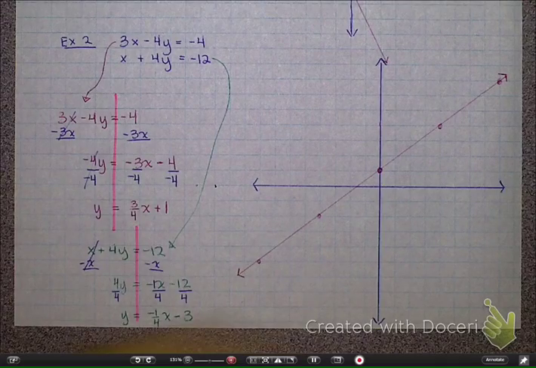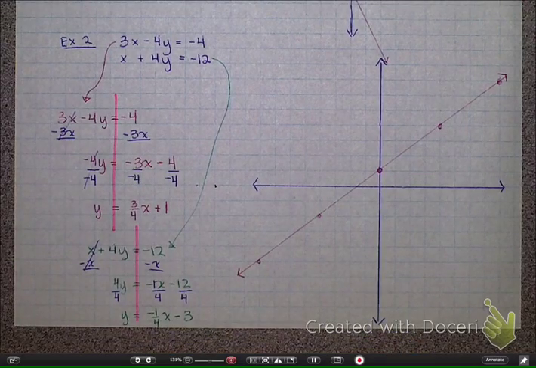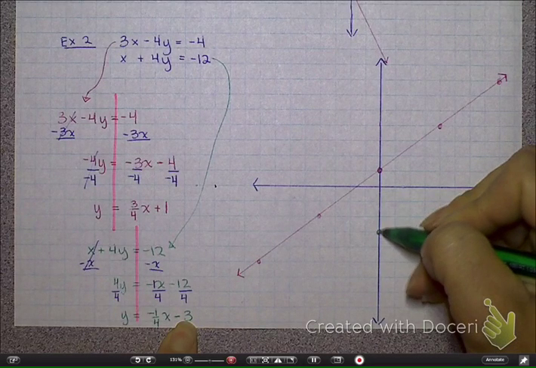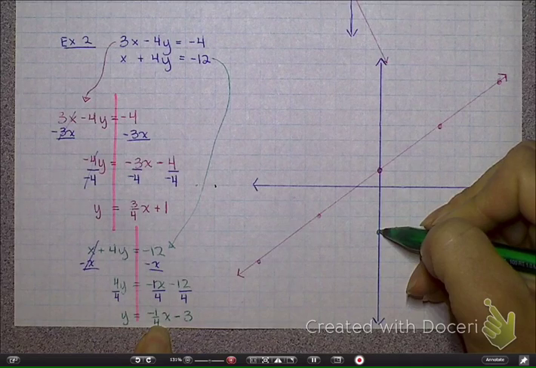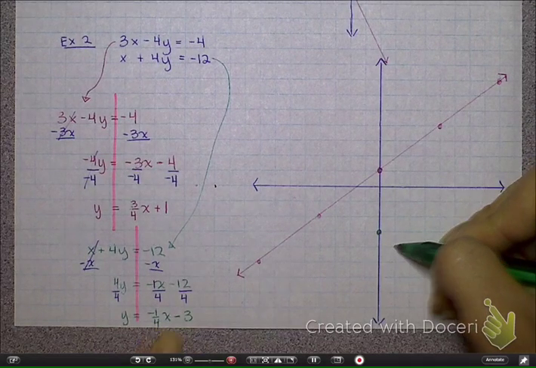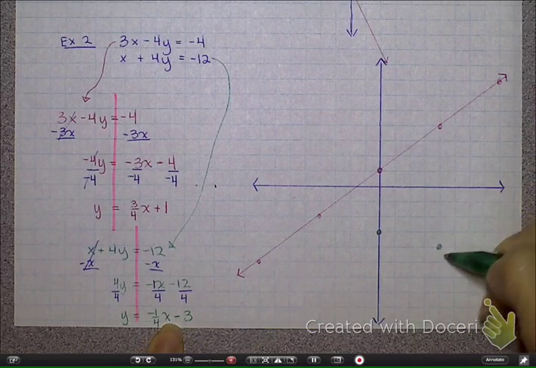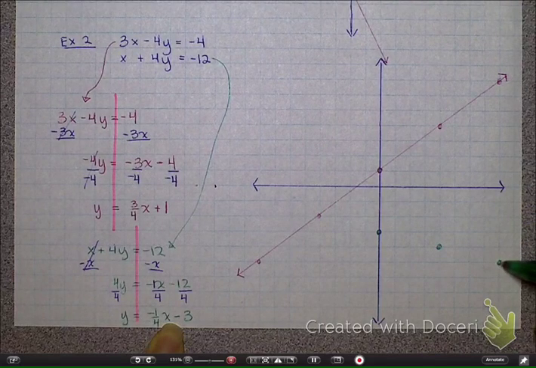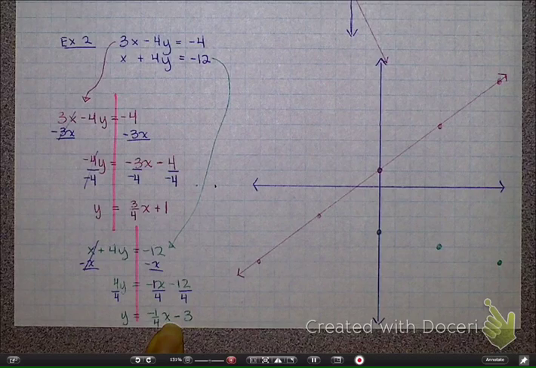Okay, so now let's go ahead and graph this. Okay, my y-intercept is -3, so go down to -3. My slope is down 1, right 4. Down 1, right 1, 2, 3, 4. Down 1, right 1, 2, 3, 4. Now, after I go down and to the right, because I always run to the right, I can do some opposite direction points, right?